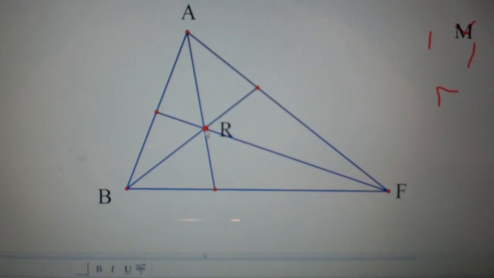However, remember the shortest distance from any point here, R, to a side, so for example if I was going from R to this side, is a perpendicular. So what's congruent is going to be the perpendicular line from here to here, from here to here, and then from here to here. And they all have to be perpendicular for them to be congruent. Okay. This concludes our lesson on angle bisectors of triangles.